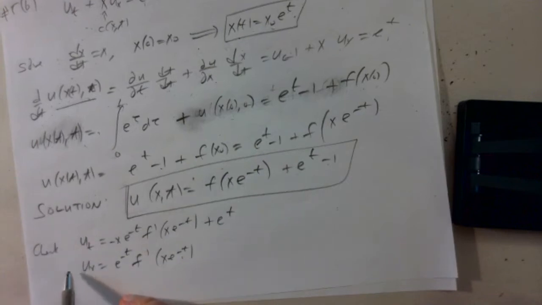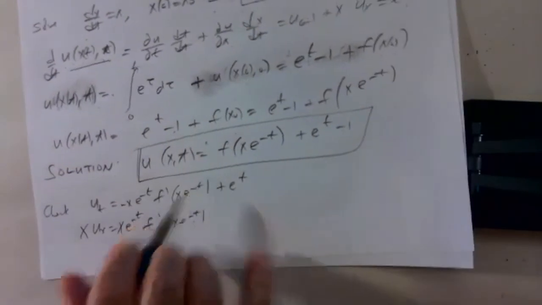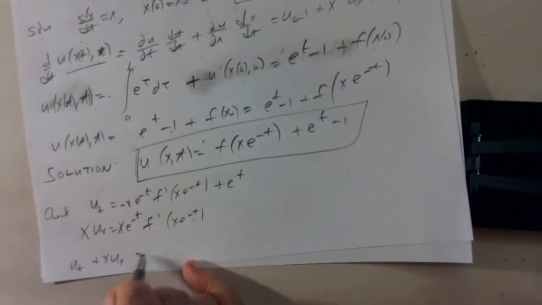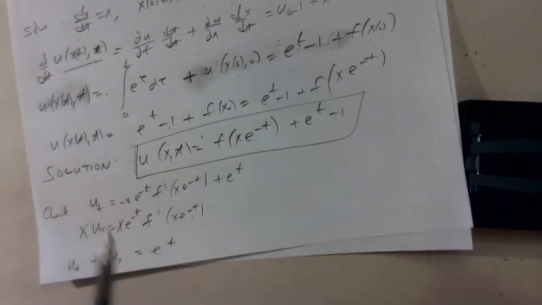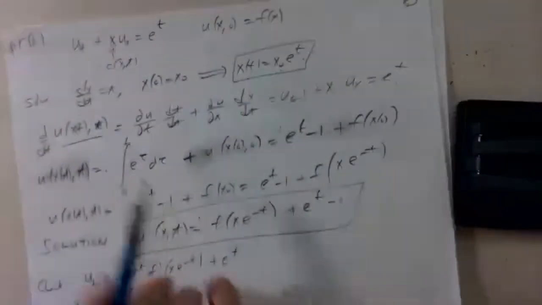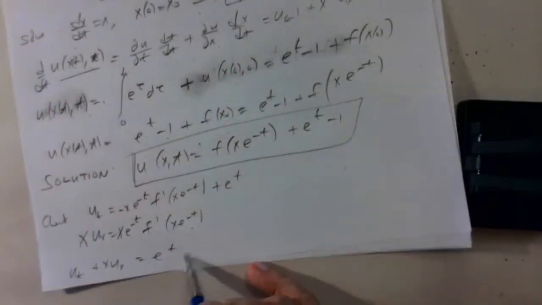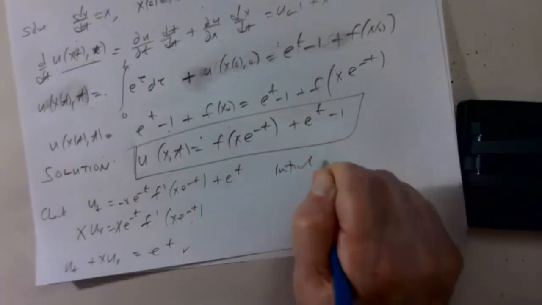Suppose I multiply this by x, and then I add u sub t plus x u sub x. These cancel, I get e to the t. That's my differential equation, u_t plus x u_x equals e to the t. So it checks.